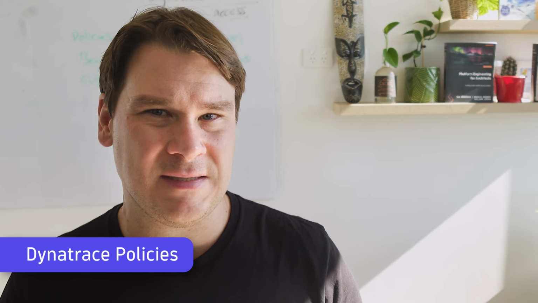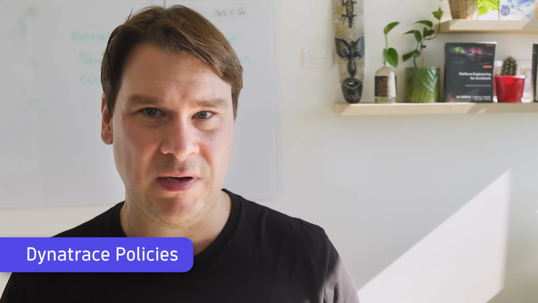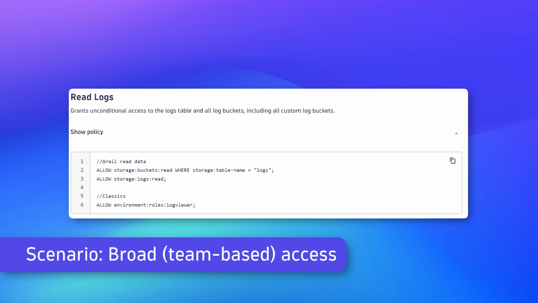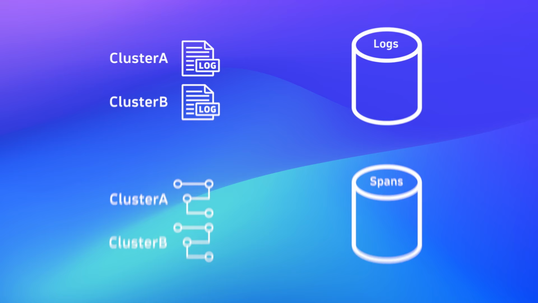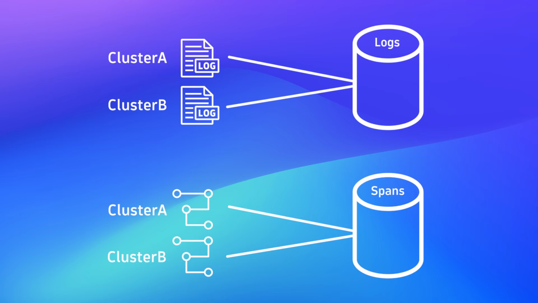Now, Dynatrace also has default policies, such as read logs and read events, that you can provide to users. Now notice that to read logs, you need to access the buckets containing logs and the logs data type itself. Now imagine you're dealing with logs and spans, and you're sending in some log records and some spans, both of which come from the cluster A Kubernetes cluster.